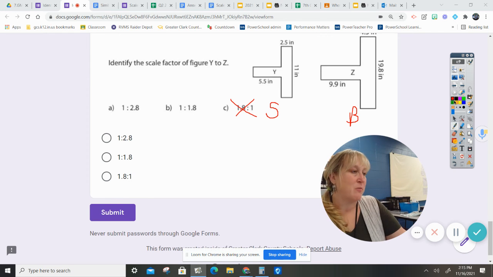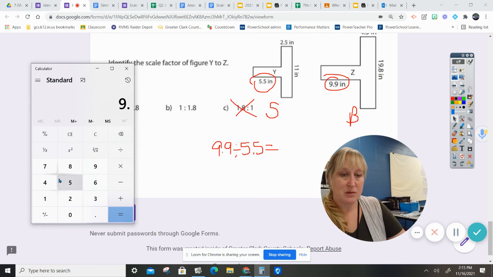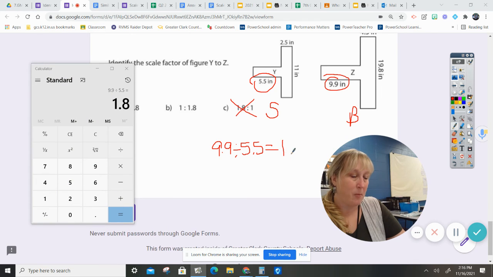To solve this, I'm going to do 9.9 divided by 5.5. I'm using a calculator, obviously. 9.9 divided by 5.5. I get 1.8.